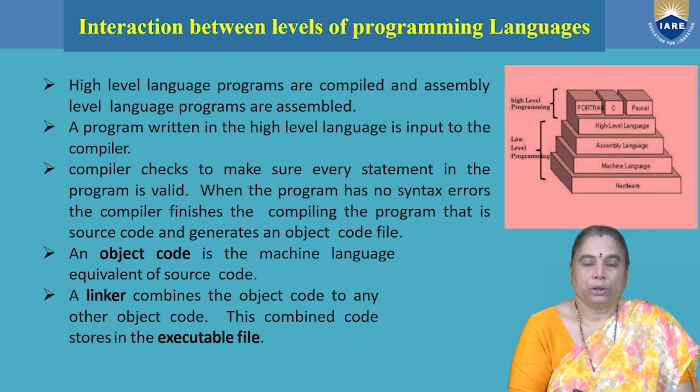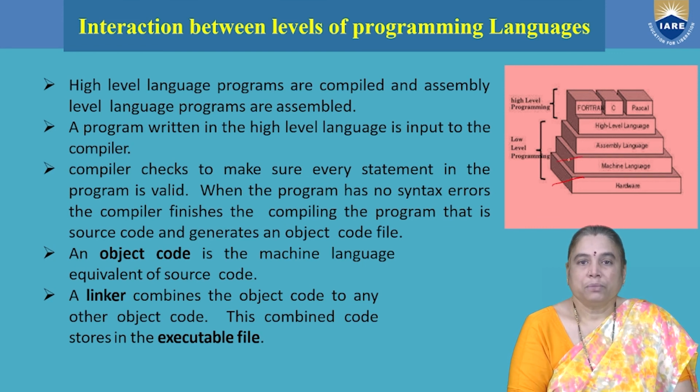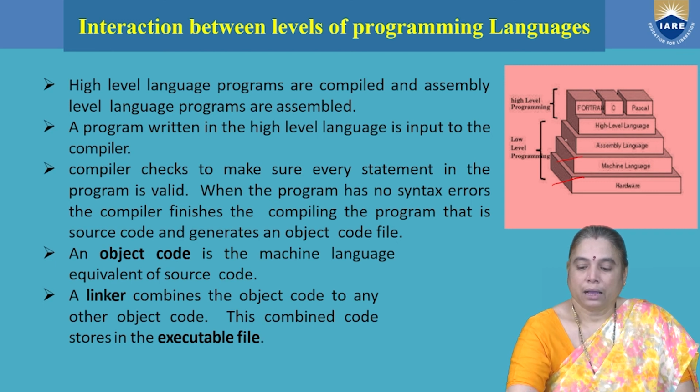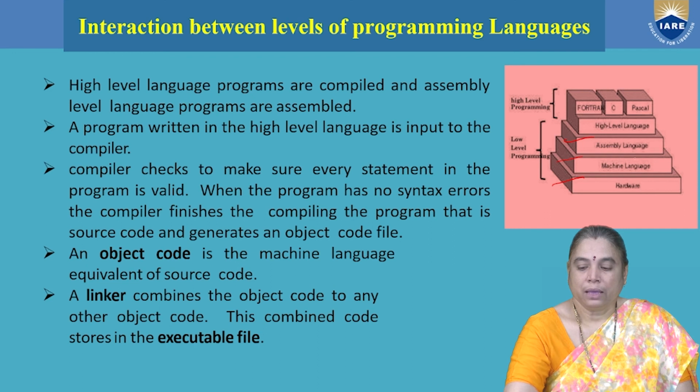Here the bottom level is the hardware. Upon that the machine code has to be there. The machine code has to be directly in the stream of ones and zeros, so it can be directly understood by the hardware. Assembly language can contain some mnemonics. With the help of an assembler, those have to be converted into the machine language, which can be directly understood by the hardware.